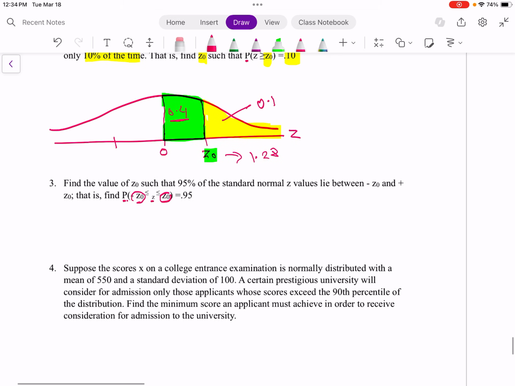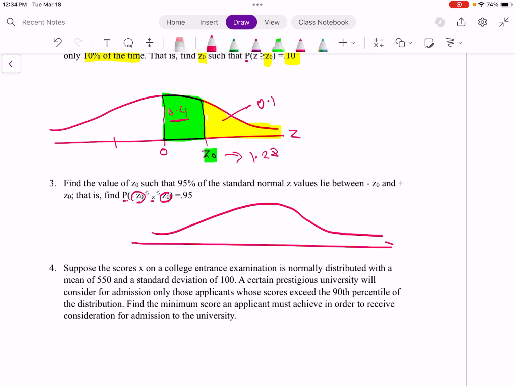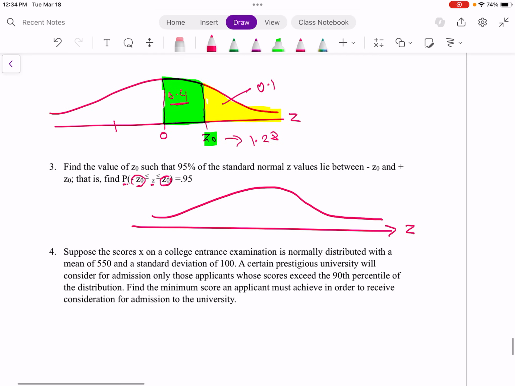Now let's draw the picture here. We are talking about the standard normal distribution. So we have a g here, we have a mean 0, negative g naught, let's say this is negative g naught, and positive g naught. Now can you locate that 0.95?